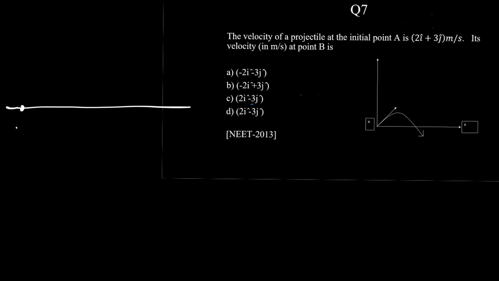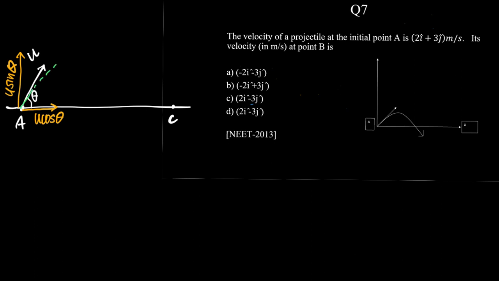the ground here, point of projection is A, it reaches C, it is projected with velocity u at an angle theta. The moment I say this, I know this component would be u cos theta, and this component would be u sin theta.